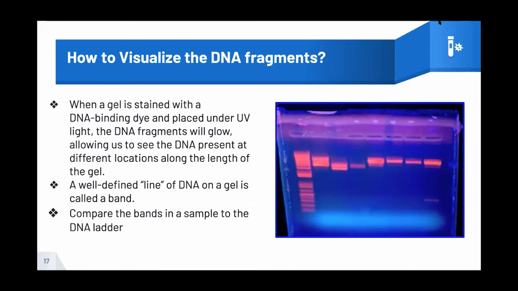And it allows us to see, like you can see in the picture, different lines of DNA, and a well-defined line of DNA is called a band. On the left side, I believe that is the DNA ladder being shown, which I mentioned was the standard that the rest of the wells are being compared to.